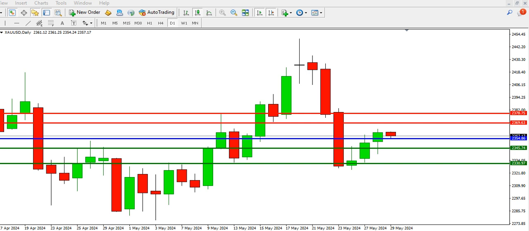Today we'll be looking at how we can scalp or trade gold XAUUSD on the smaller time frames. But before we go to the smaller time frames, we are going to look at what has happened on the higher time frames.